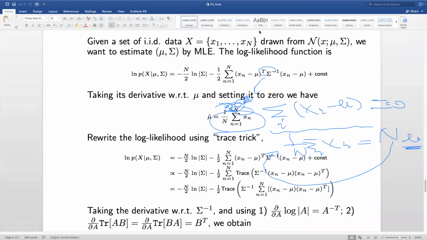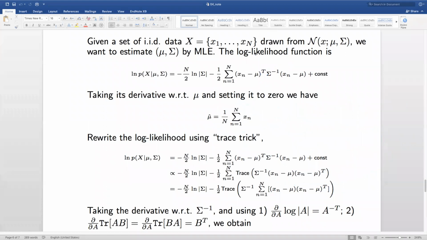Any questions? I hope it's fine. Yeah, so keep in mind these are all vectors.